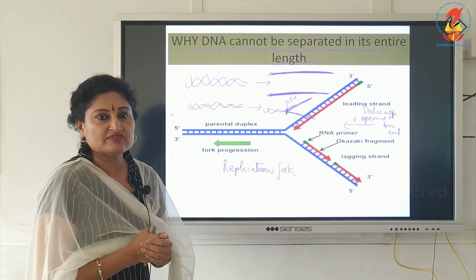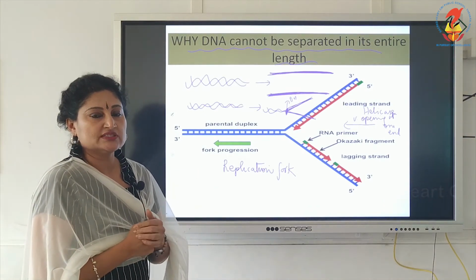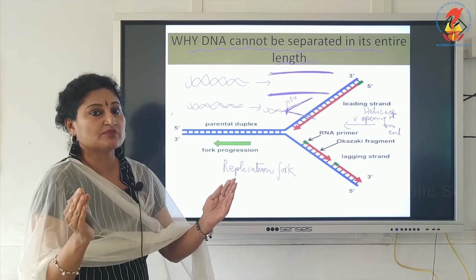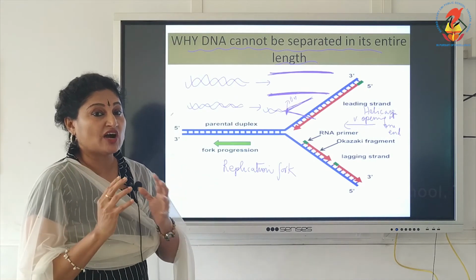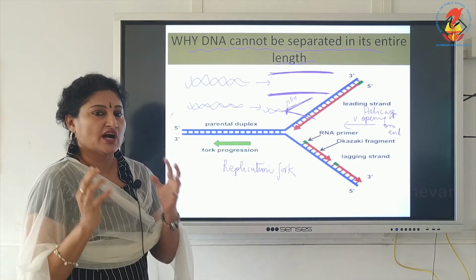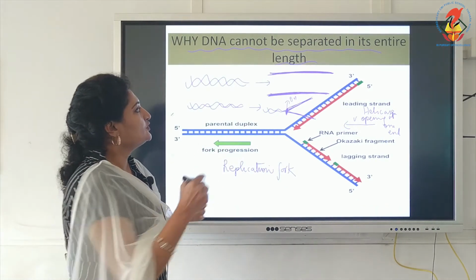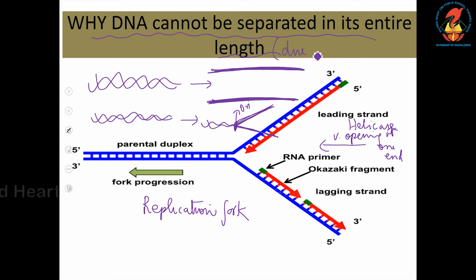Like in PCR we have learned, in the procedure of PCR, the first step is application of heat so that the two strands of DNA separate. There, very high temperature, high energy, is used to separate. So the answer to this question is the high energy requirement.